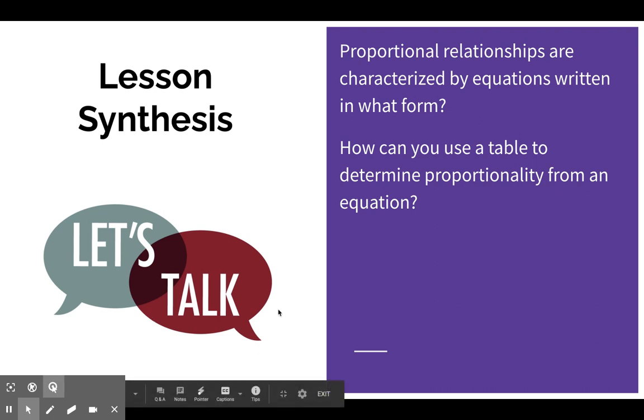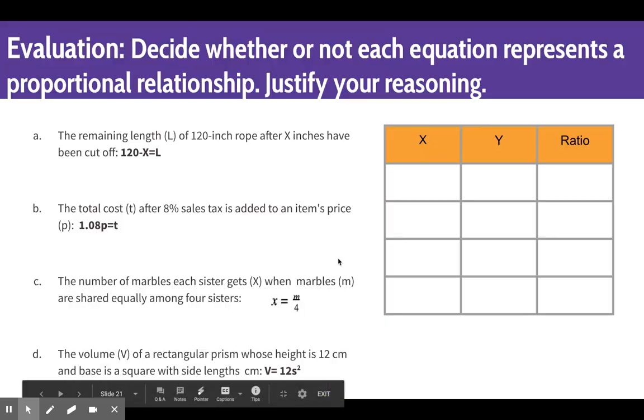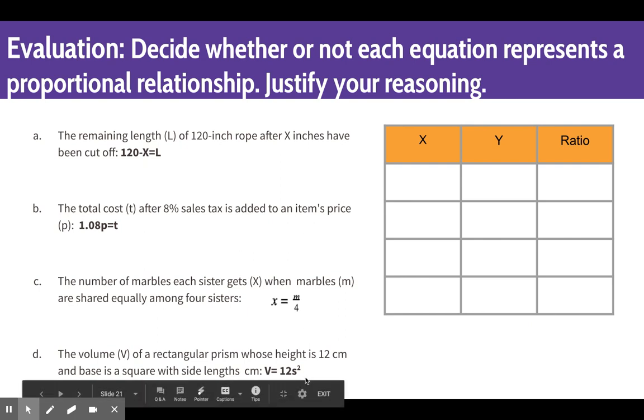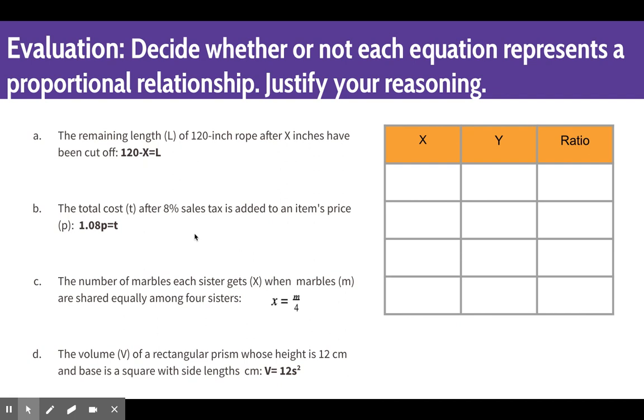All right, so let's do our evaluation activity, and we're going to do this together for the sake of time. It says decide whether or not each equation represents a proportional relationship and justify your reasoning. So all we're going to do is look at each equation, determine if it's of the form y equals kx, and then say if this is proportional or not proportional.